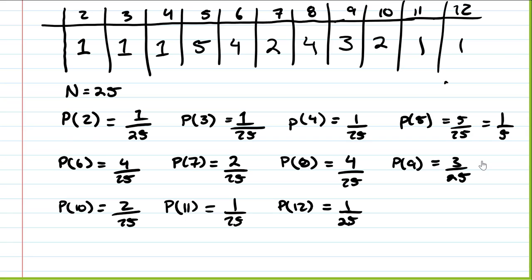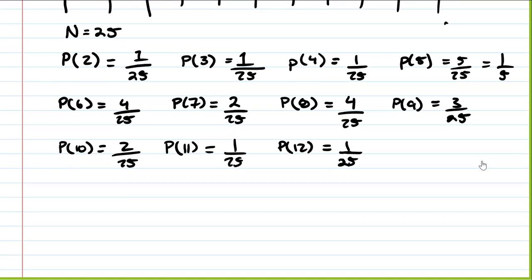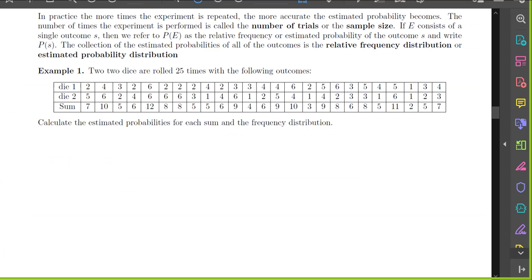If we look at our distribution, according to this, what seems to be the most likely outcome for the sum of rolling 2 dice? Well, getting a 5 appears to be the most common event. Turns out, in reality, that's not the case, but here it looks like that's what it is.